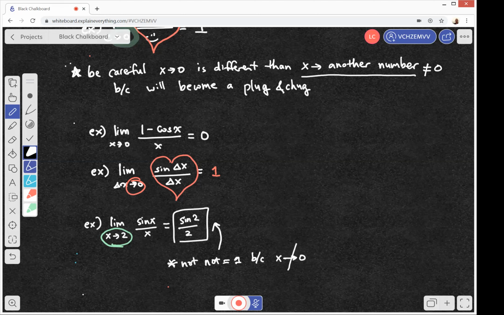All right. So the big idea, you want to write this down. When you have a limit problem of sine of some variable over that same variable, let's say U over U, as U gets close to 0, that's a match made in heaven.